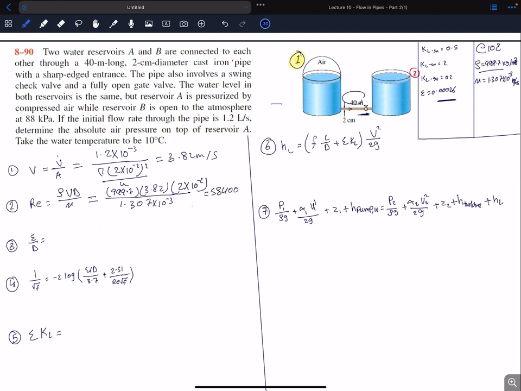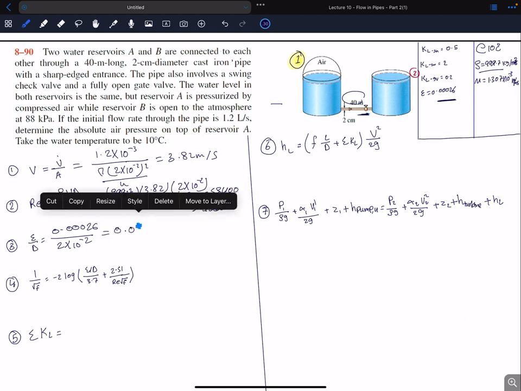It is greater than 4,000, which means it is turbulent flow, and the relative roughness is 0.00026 divided by the diameter, which gives us 0.013.